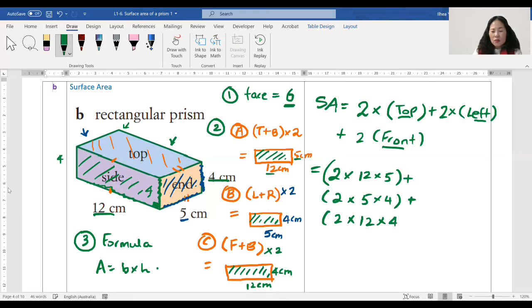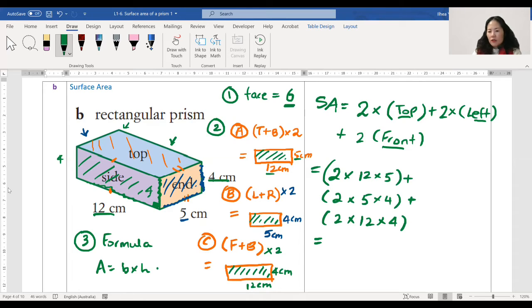Now, the best way to do this surface area is to separate the shapes like I did just now, 3 different types of rectangles. Questions like these will be worth at least 3 marks, because there's a lot involved, 3 or 4 marks. So in the exam, if you are very careful and do it properly, you can easily get 4 marks for it.